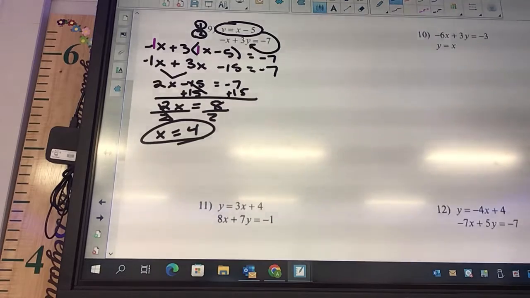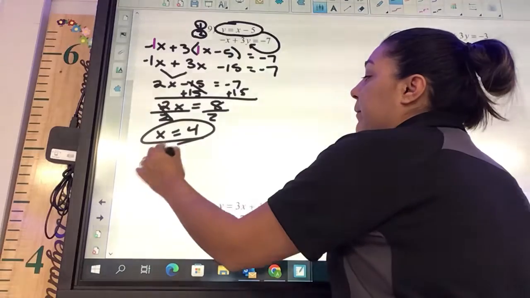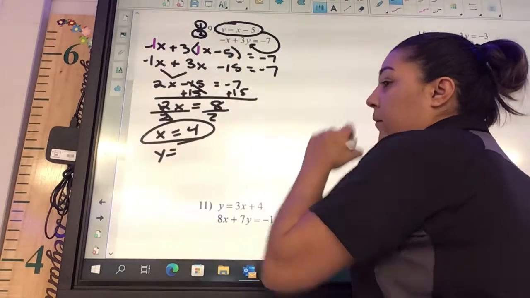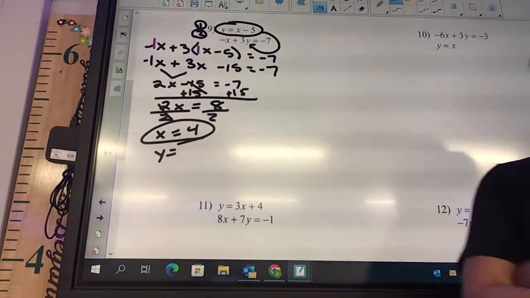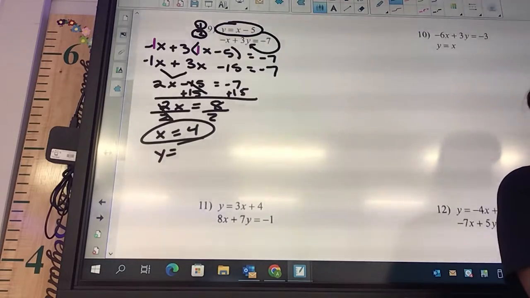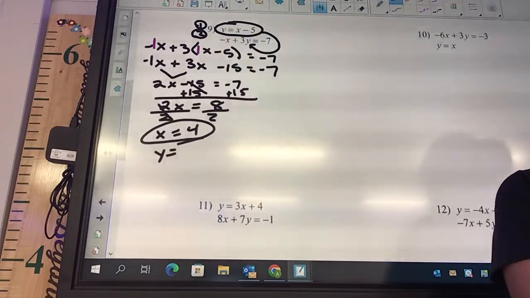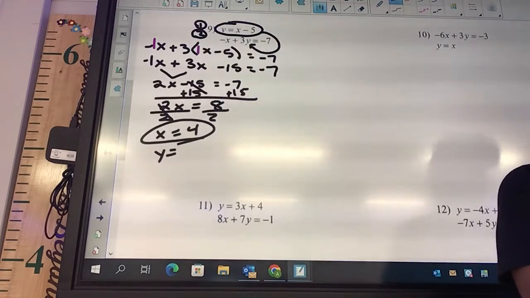Okay, we're going to plug that in, and it's going to look like y equals what? Would be y equals 4 minus 5.